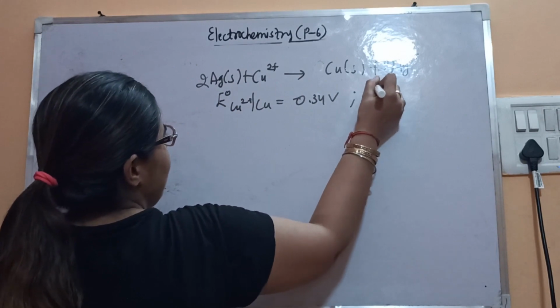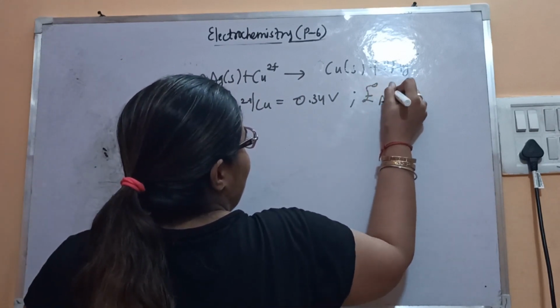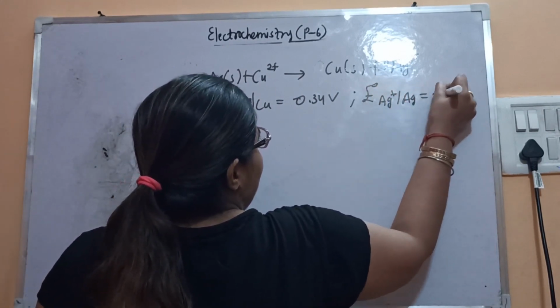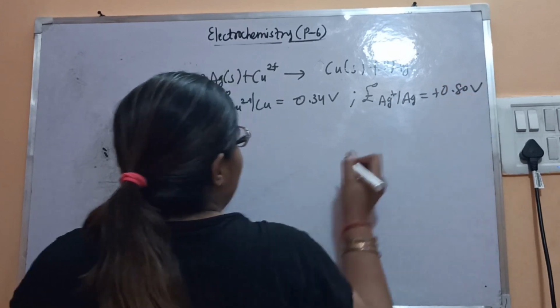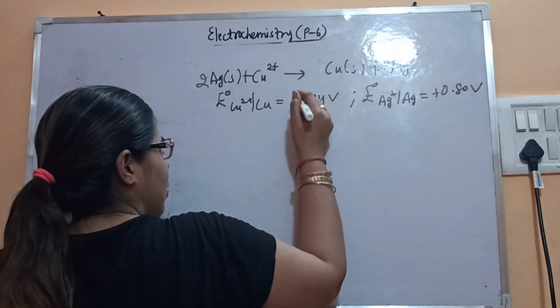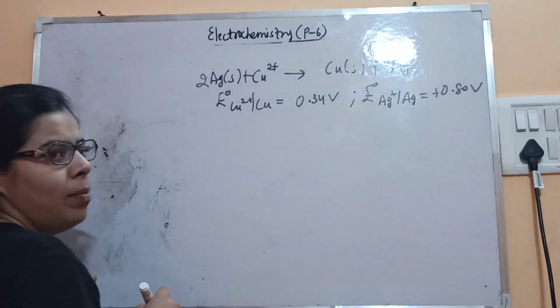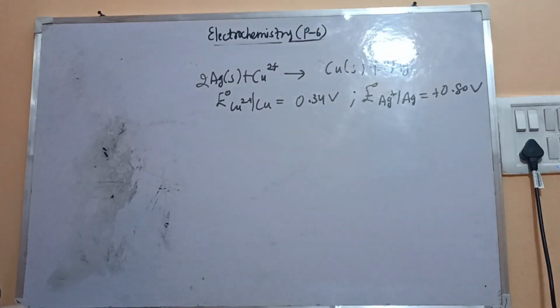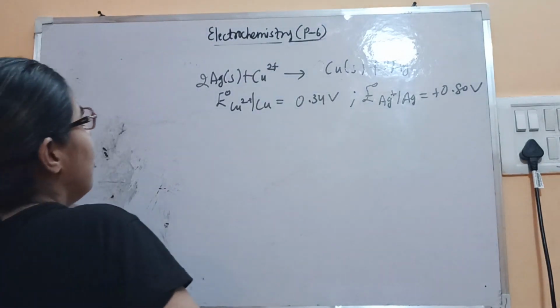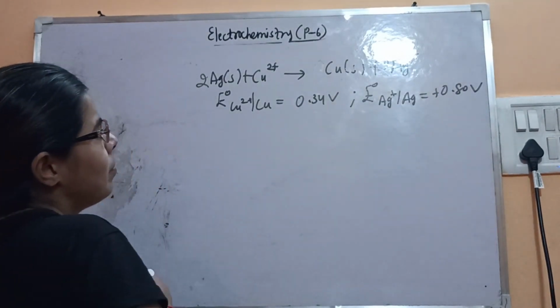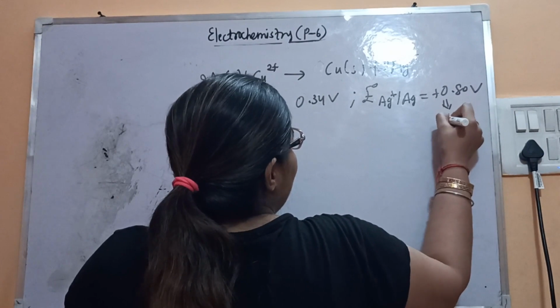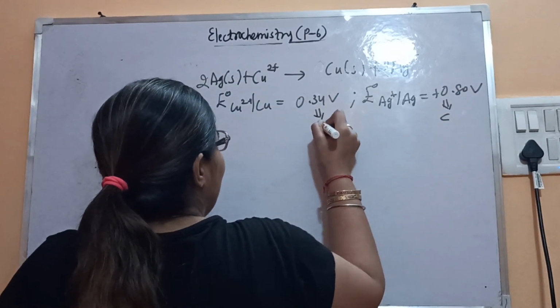For silver also we know 0.80 volt. Now both are positive. Fine. So more positive is your cathode, less positive is your anode.